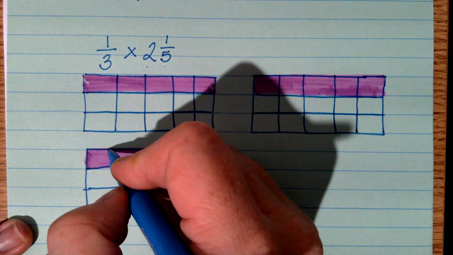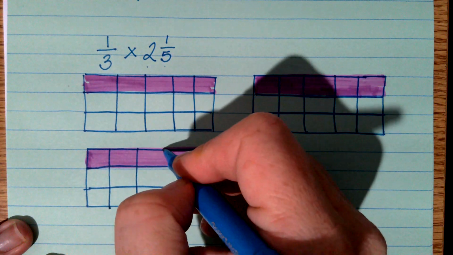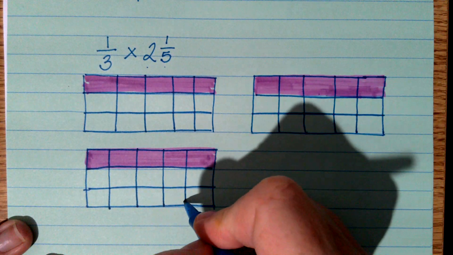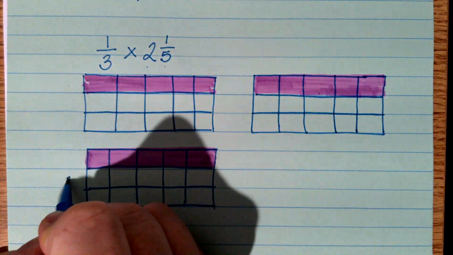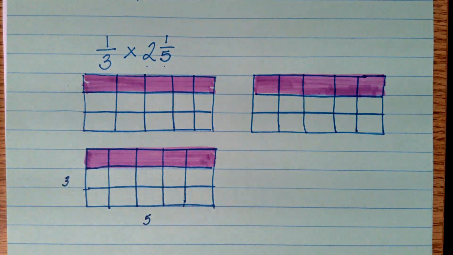Okay. So we know that if we have an array of 3 and 5, there are now 15 pieces. So somewhere in here, it's going to be something over 15, because 3 times 5 equals 15.